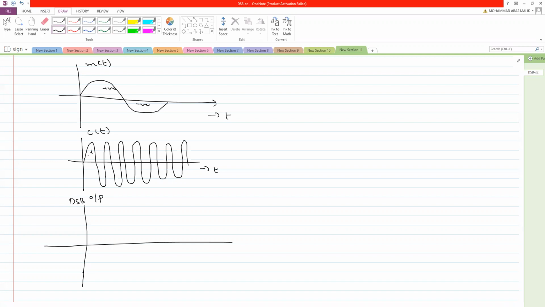Try to understand, in this half, D1 and D2 will be conducting, and in this half, D3 and D4 will be conducting. Similarly, in this, D1 and D2 will be conducting, and D3 and D4 in this. So the conduction will be alternate, because this is an alternate cycle. So how can you draw the diagram of this?